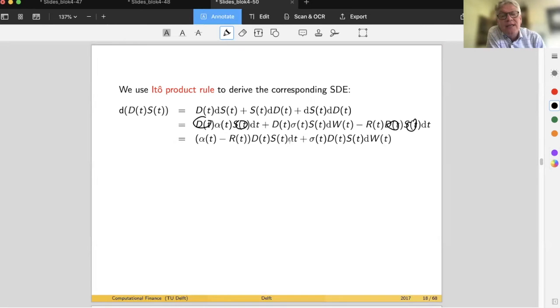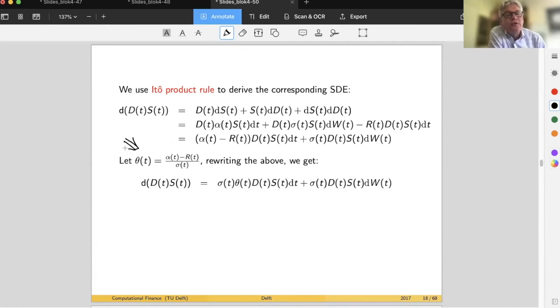We have again a dt term and a dW term. So let's now introduce a function theta, and we define it as theta_t equals (alpha_t minus R_t) over sigma_t. And we want to substitute that in the dynamics of the discounted stock price process. Here you see appearing alpha_t minus R_t, and if we look at our new definition, you recognize that alpha_t minus R_t is in fact theta_t times sigma_t.